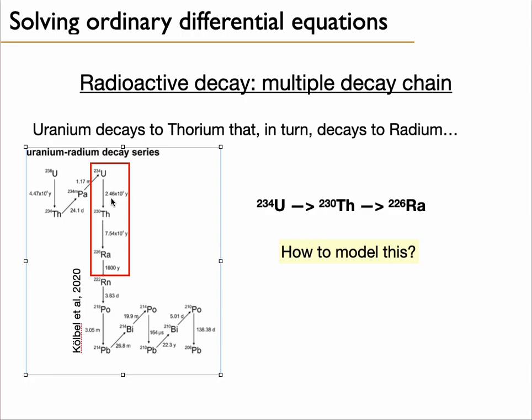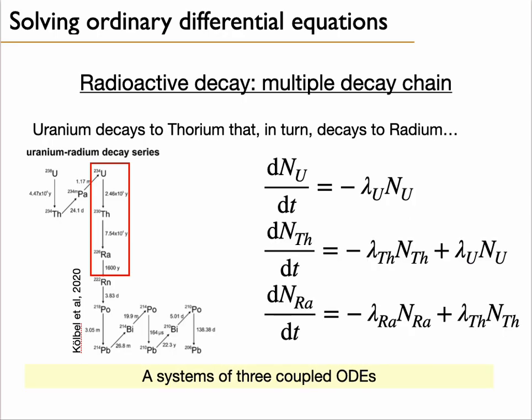These are the half times: 2.46 times 10 to the 5 years, 7.54 times 10 to the 4 years. So how to model this thing? There are basically 3 quantities that we are going to monitor: the quantity of uranium, thorium, and radium. So we need 3 equations.